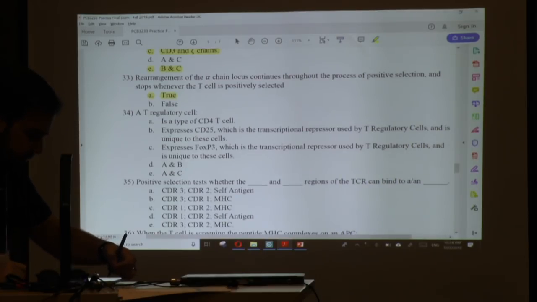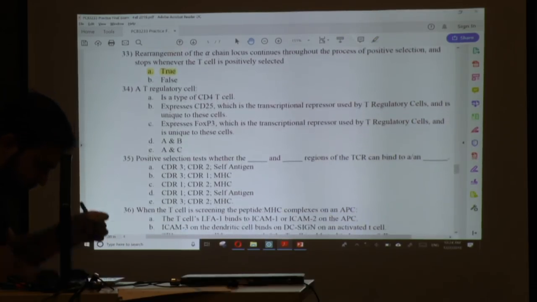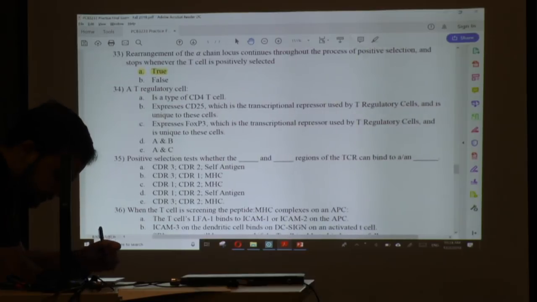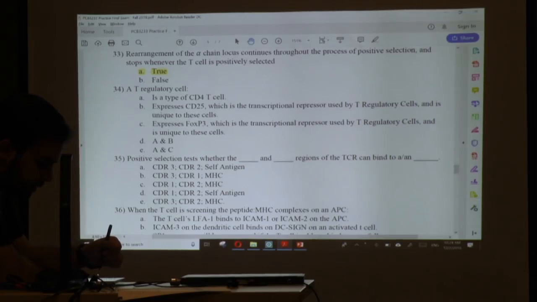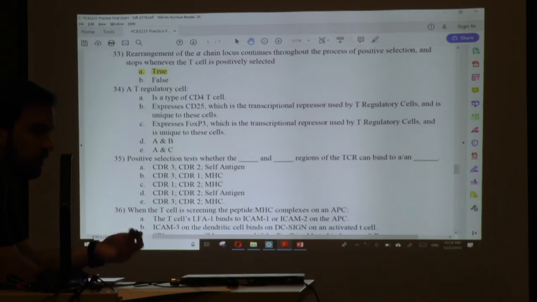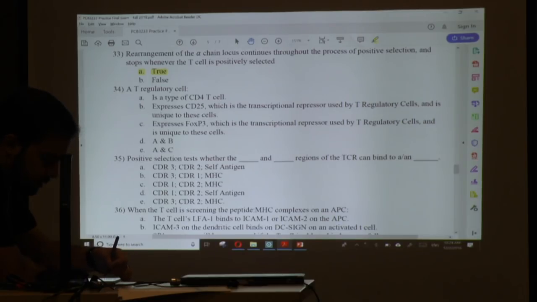All right, Tregs. So a Treg is a type of CD4 cell, right? It's a CD4 T cell. It's an effector CD4 T cell. So A is correct.